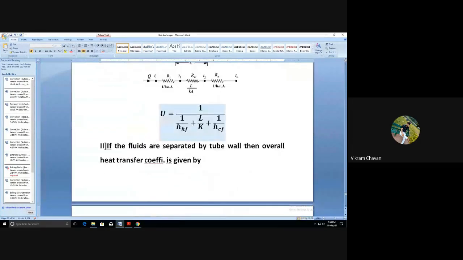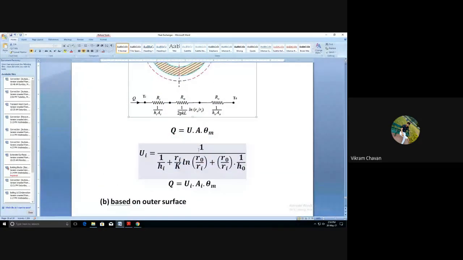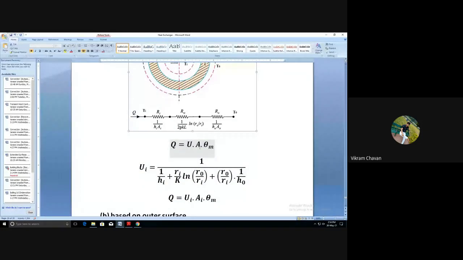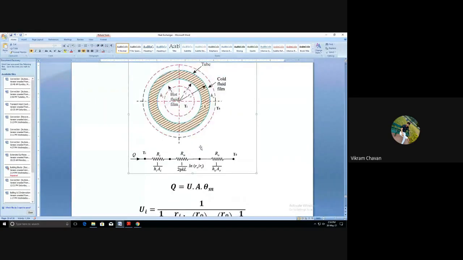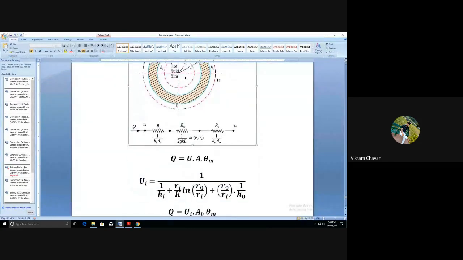What we have done is taken one area common and shifted it to the numerator side. In a similar fashion, we have to decide which area to take common and transfer to the numerator side. This segregation is based on the inner surface and the outer surface. The summation of all the resistances involves two areas: one is the internal surface area and the other is the outer surface area.